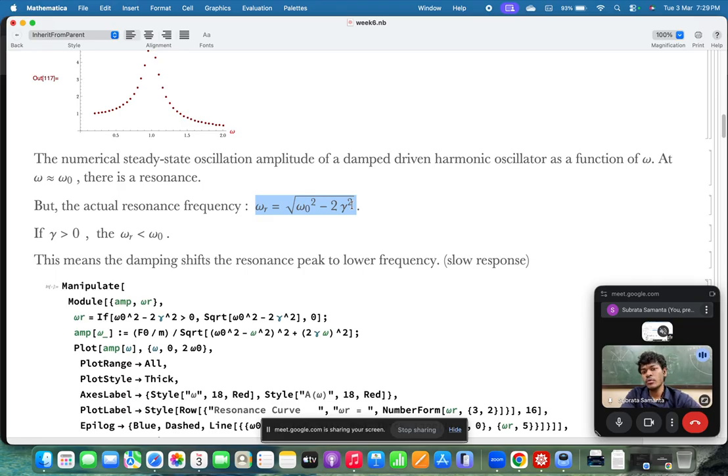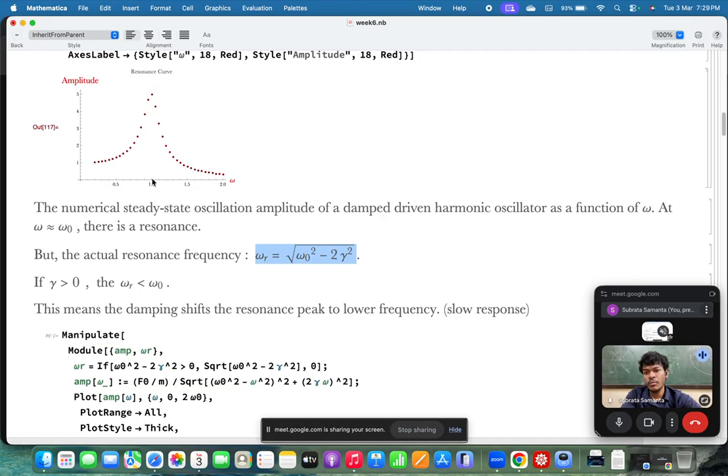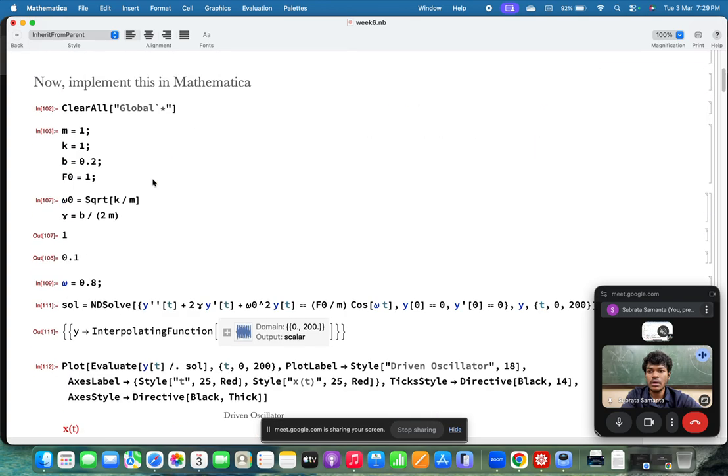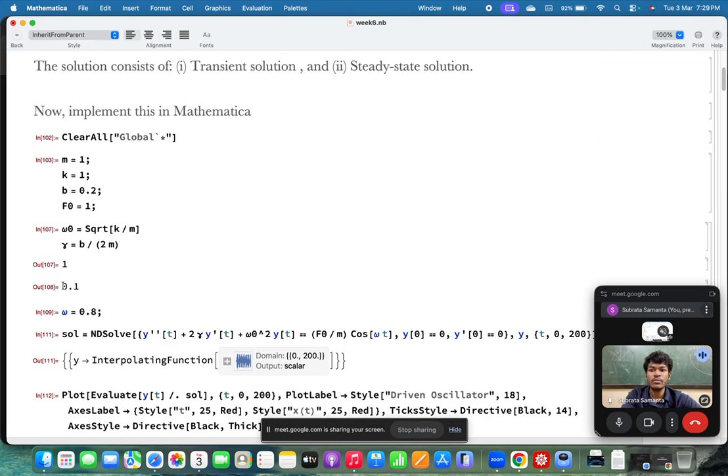But why do you observe that omega is actually very close to 1? Because of gamma. If gamma is very small, then omega naught is very close to omega r. Here the value of gamma is 0.1, because you chose gamma to be very small.